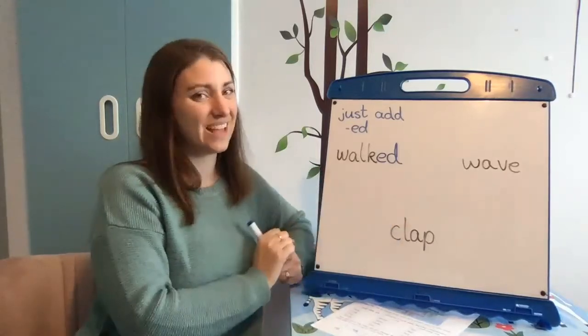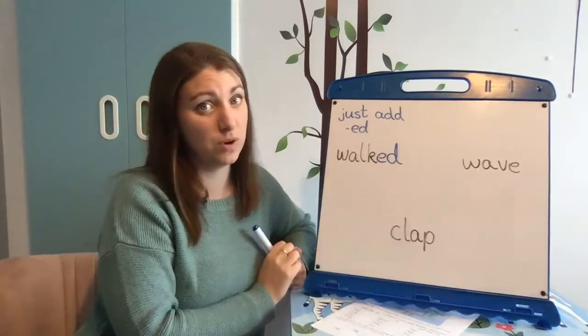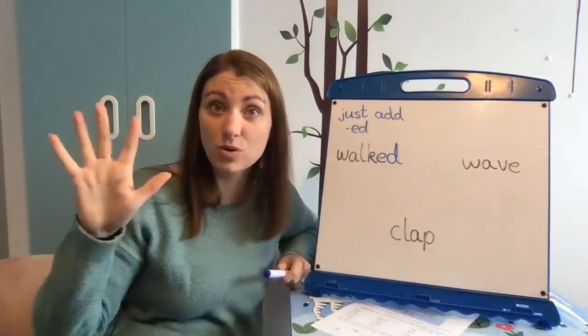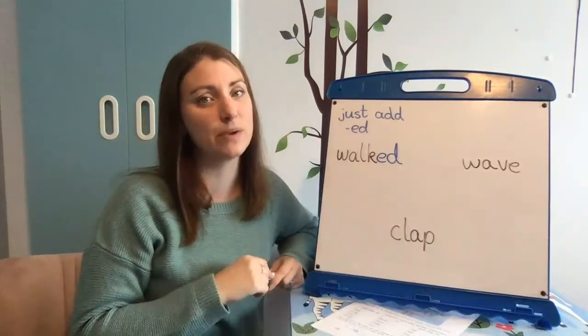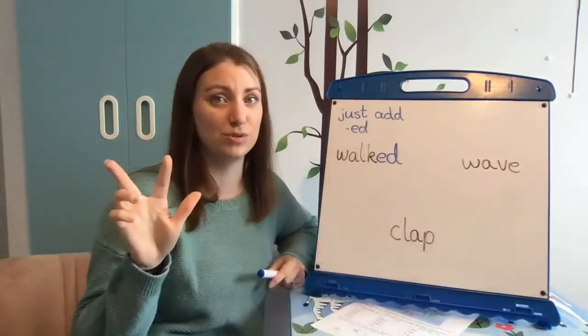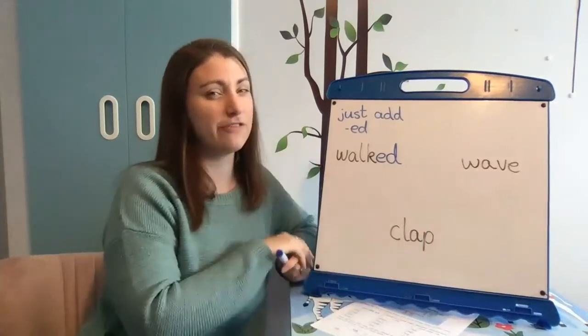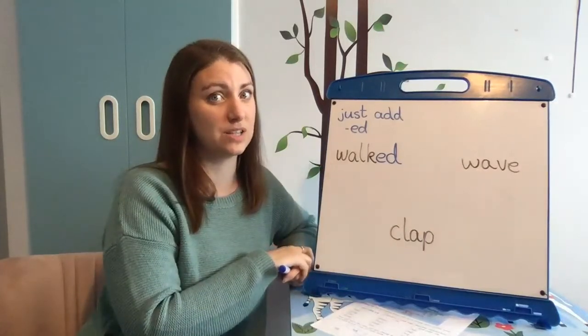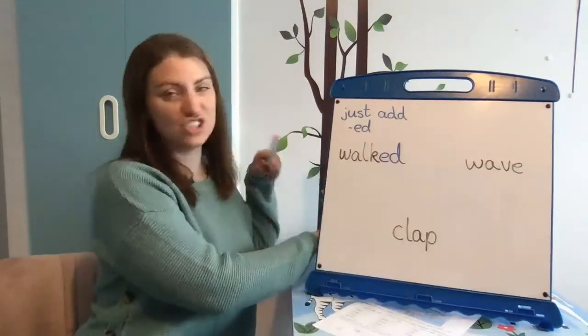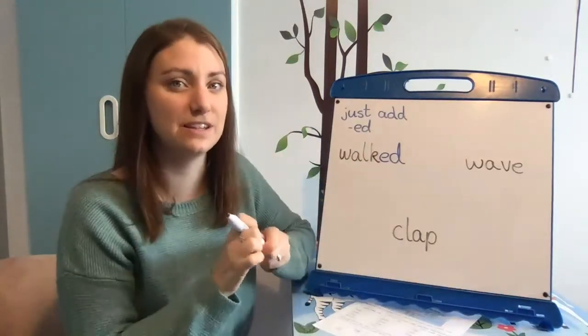But that's not the same rule for all words. In fact, there are 5 different rules. Today we are only going to be looking at 3 rules. So we found out our first rule, what happens most of the time. Shall we see what else sometimes happens? Let's change to red so we can see that it's a different rule.